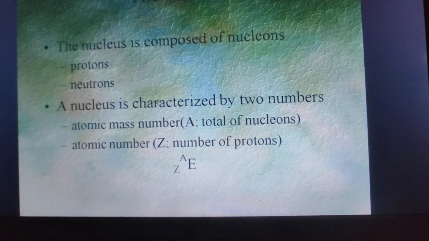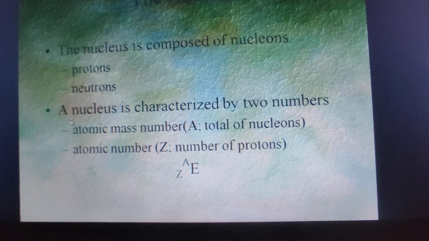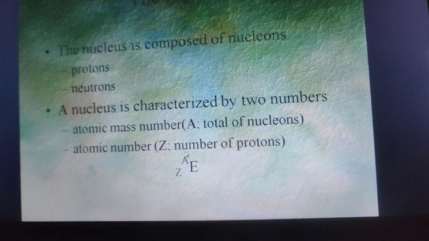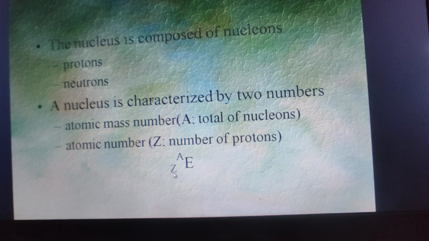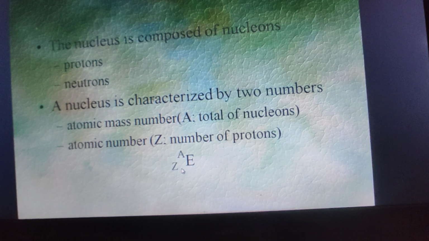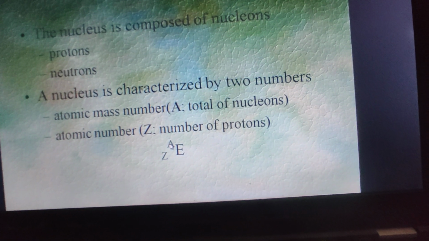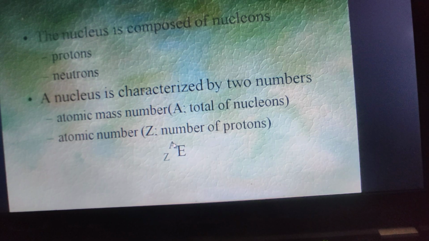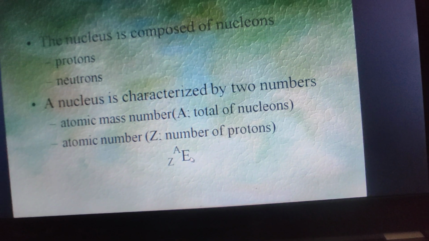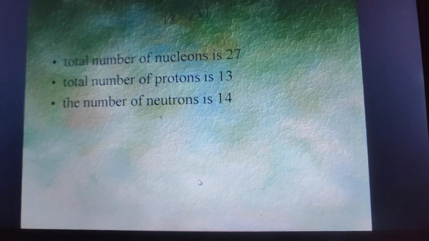This is how we represent any atom or element with its atomic number and atomic mass number. The atomic number is written as a subscript, and the atomic mass number is written as a superscript, and E represents any nucleus or element.